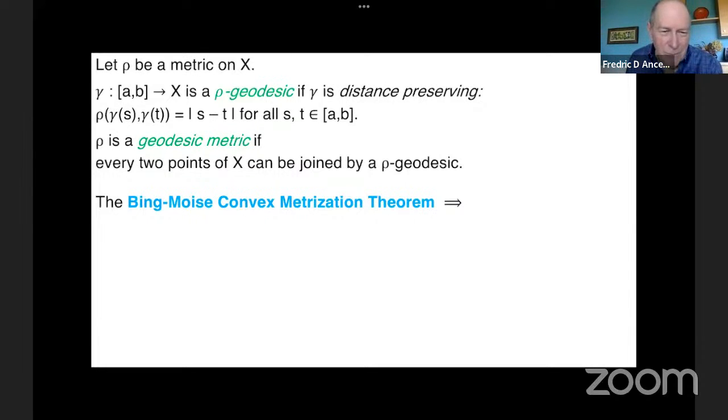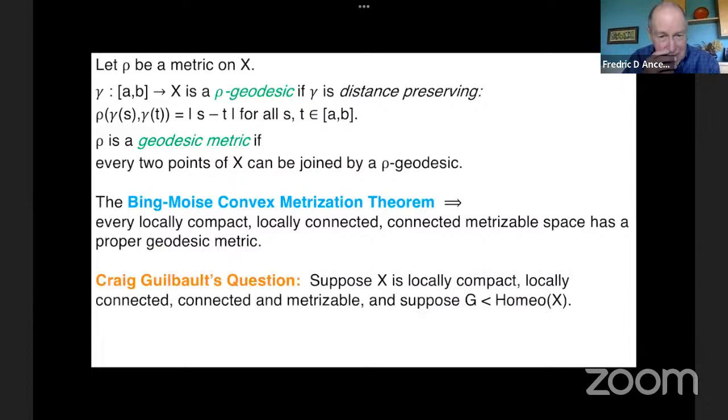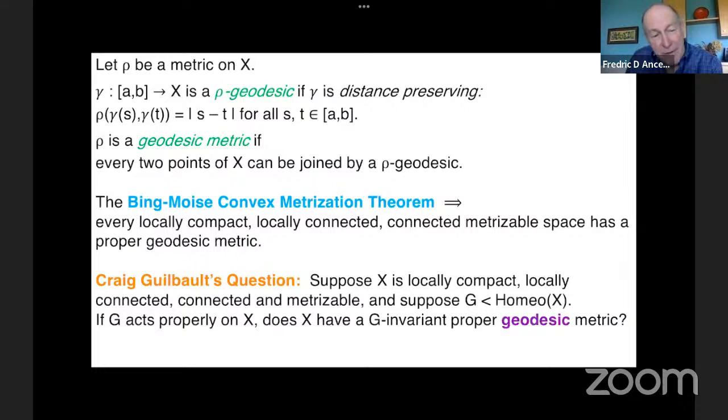And there's a well-known theorem by Bing and Moise that says, or a corollary to it, that if you take a locally compact, locally connected metrizable space, then it has a proper geodesic metric. And so Guilbault's question was, suppose that I have such a space and I have a group of homeomorphisms, and the group acts properly, or you can replace that by nearly properly and equiregular.